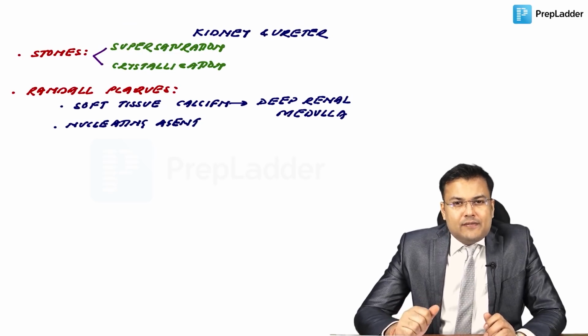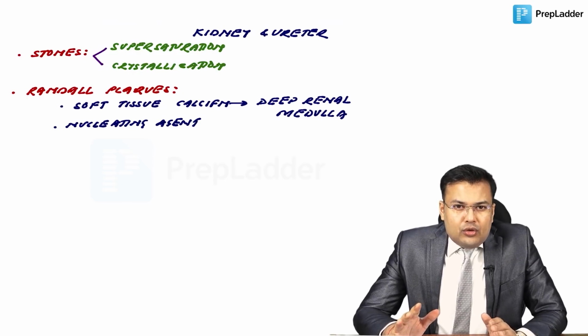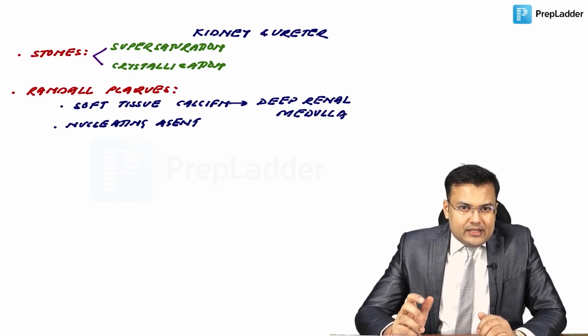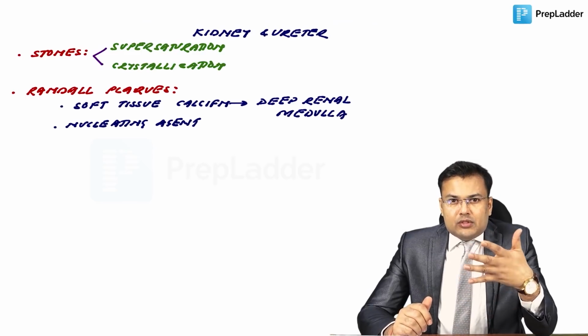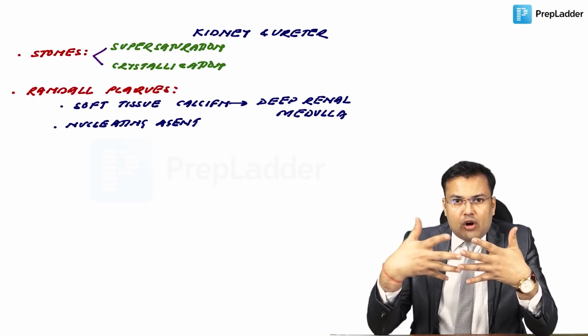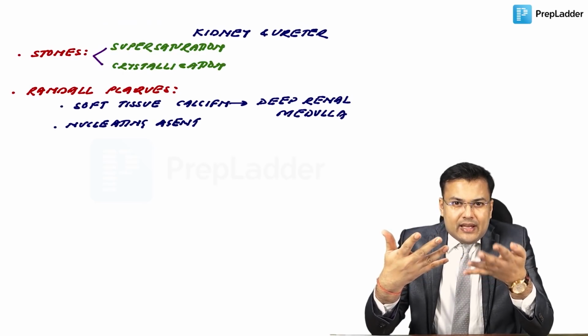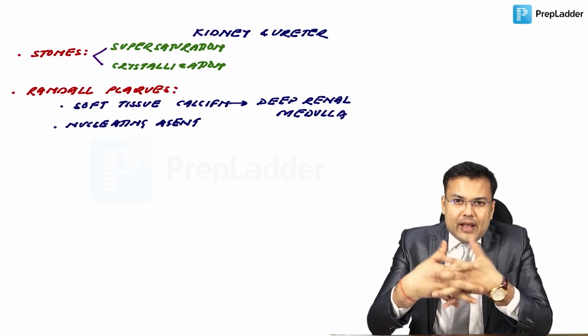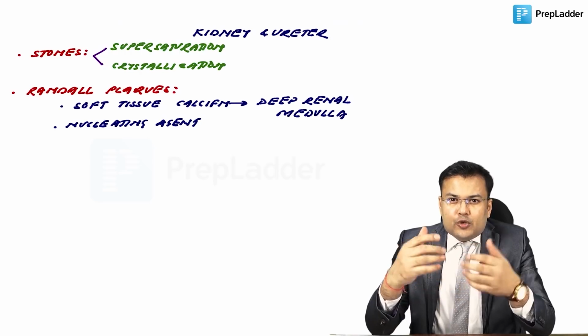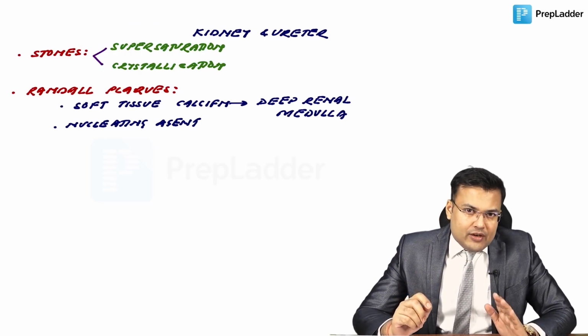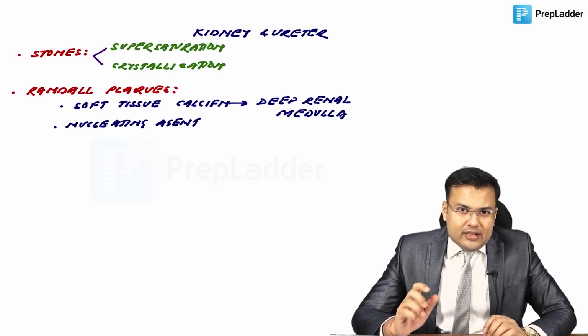Second, risk factors are asked. No need to remember risk factors, it's very easy to understand. Suppose the name of the stone is calcium oxalate, what is the composition? It's calcium and oxalate, and they should combine together. It means there should be increased concentration of calcium as well as oxalate in the urine.